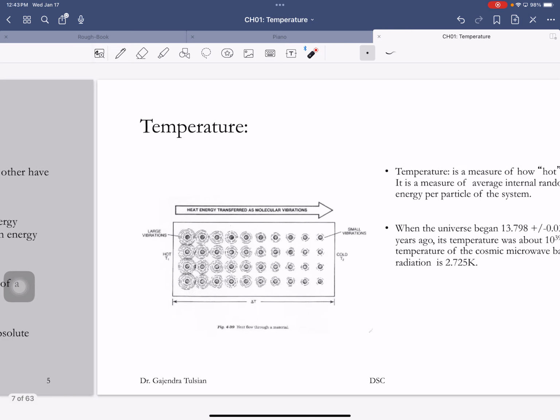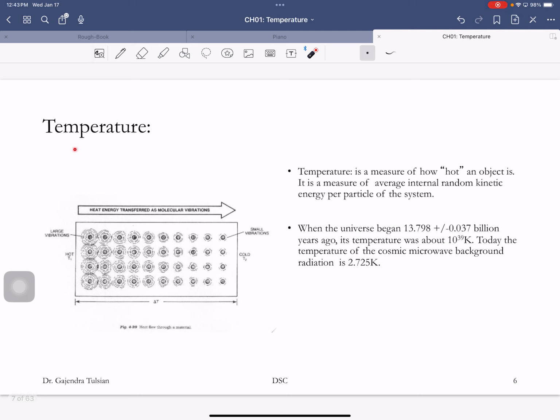All right, so you saw that temperature tells you how hot an object is. Okay, and you'll learn next chapter that it measures the average kinetic energy per particle of a system. So for instance, here's a metal, and in a solid, these atoms are at fixed locations, and what this is showing is this end is hotter than this end.